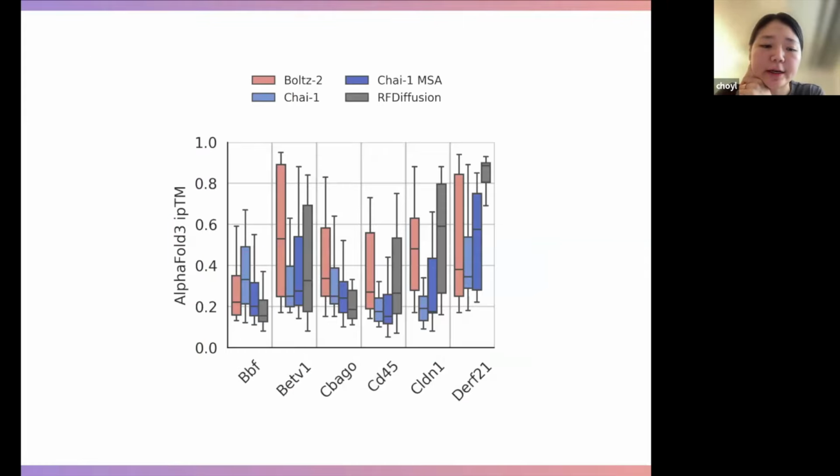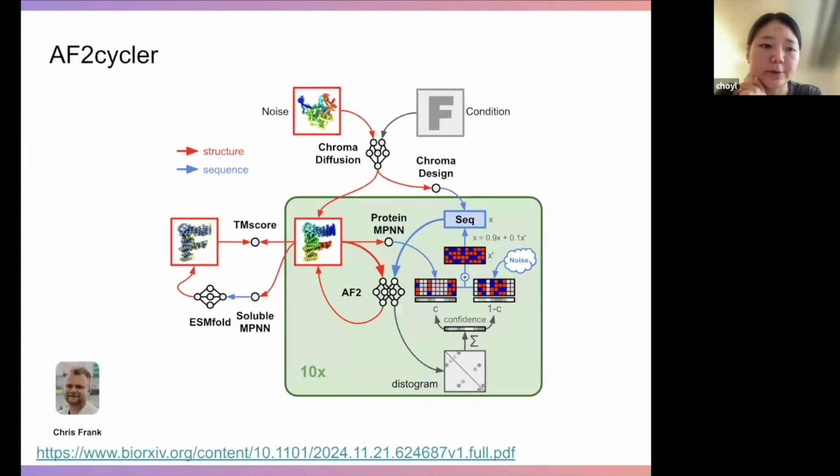So what we thought was, actually, this is still good as an initial starting point. What if we can optimize the structure and the sequence more, similar to previous approaches? The AlphaFold 2 cycler paper, which was published last year from Chris and Sergey, shows that they can improve the structure, the sequence, and the designability by repeating the sequence design and structure prediction pipeline.